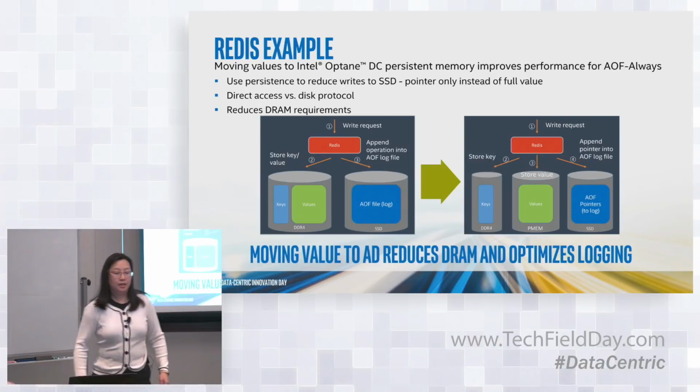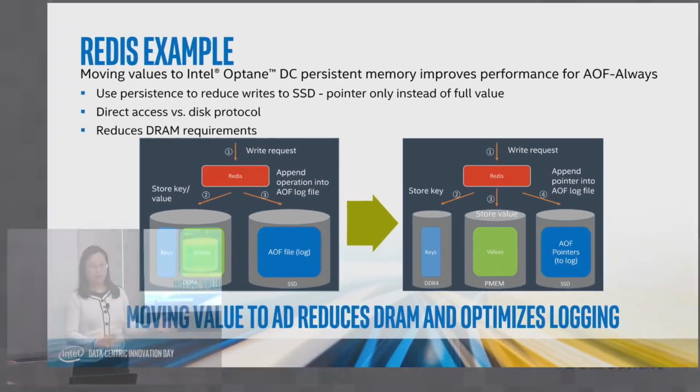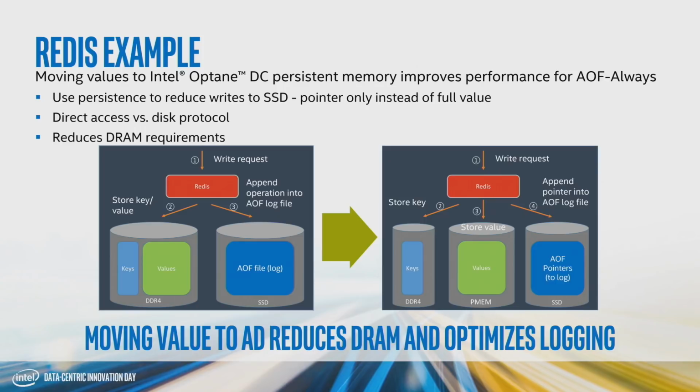Here's an example of another workload that's been modified to take advantage of this direct access. And to really understand this, we'll start on the left. This is an example of Redis, now in AppDirect mode. Well, actually, the one on the left is Redis just running on a normal DRAM system.